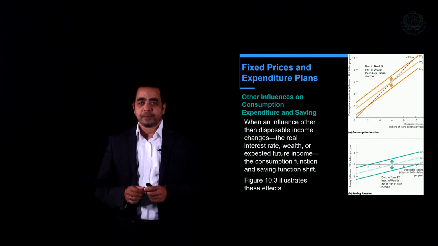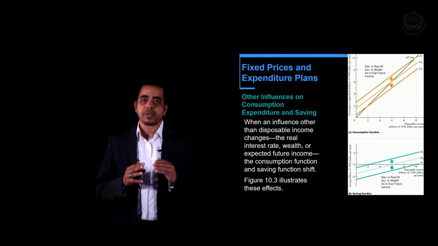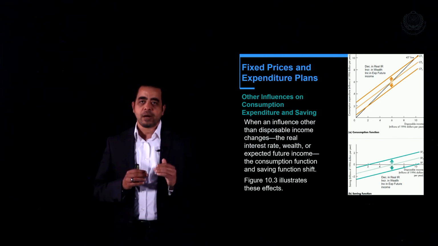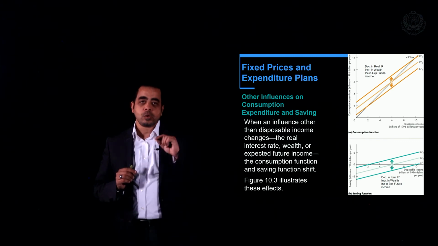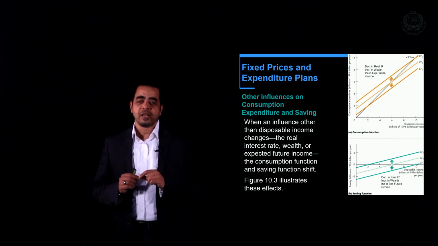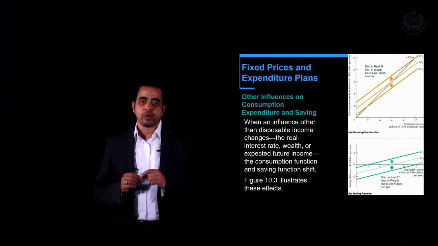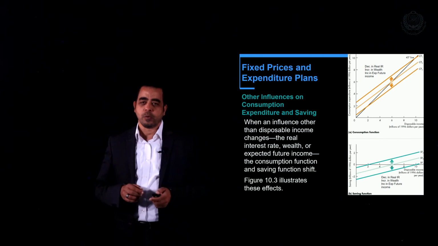On the other hand, we can see that these other factors cause the curve to shift either upward or downward, and here we have to differentiate between the change in disposable income, which causes us to move along the curve, and the other factors that actually cause the curve to shift either upward or downward.